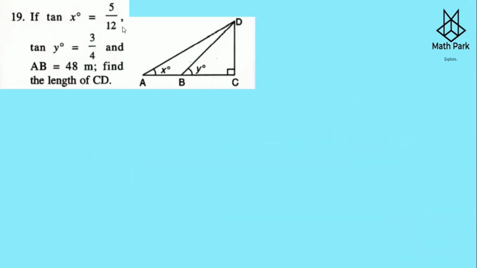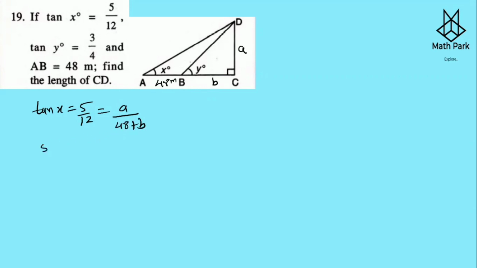Given tan x is equal to 5 by 12 and tan y is equal to 3 by 4, and we have to find CD. So AB is given to you as 48 meter. Let us take this as A and this as B, with BC as B. So we have tan x equal to 5 by 12, which is equal to opposite A upon adjacent AC, which is 48 plus B. Let us simplify this.